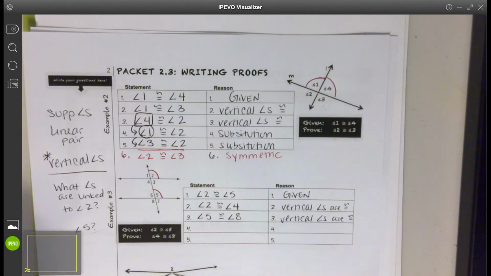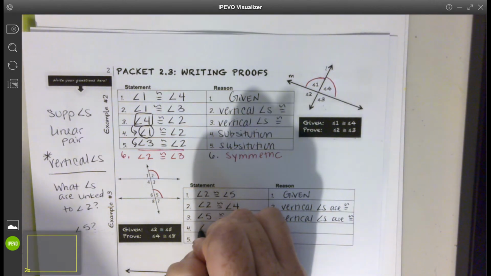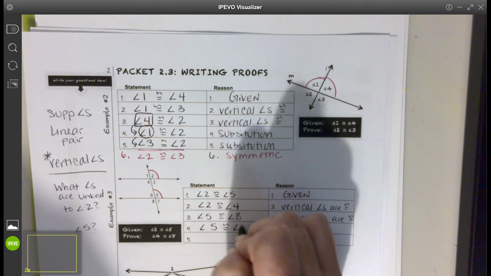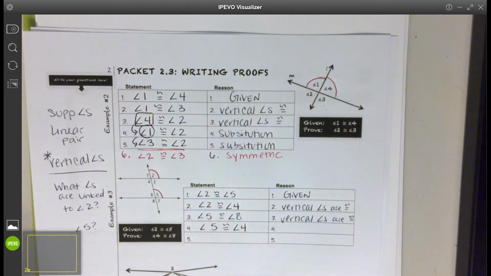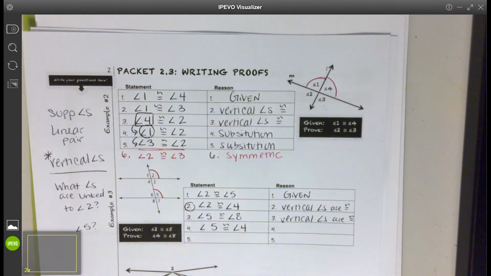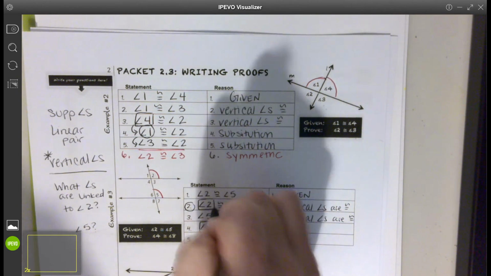So now we're going to play around with the information that we have. So now I can say angle 5 is congruent to angle 4. How did I get there? I looked at this piece of information and I swapped out angle 2 for angle 5. What do we call for swapping out?